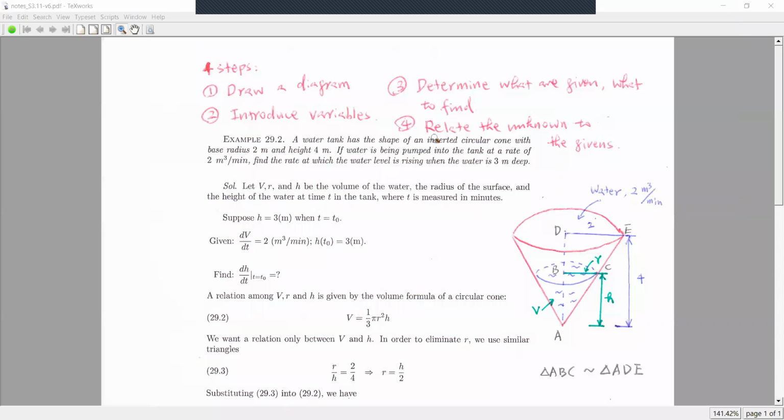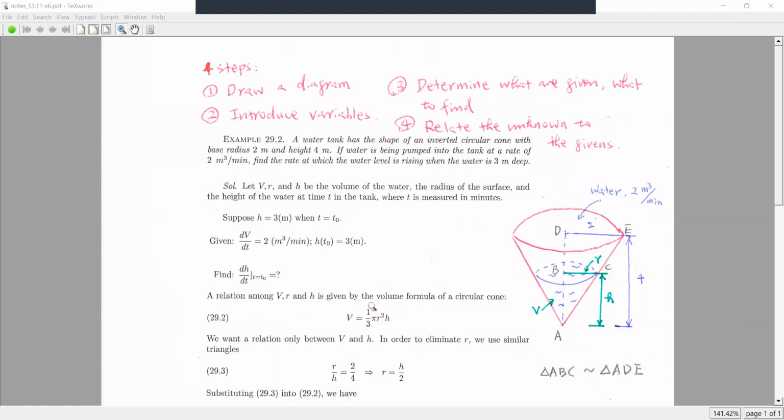Step 4. Relate the unknown to the givens. The unknown is dH/dt and the given is dV/dt. We want to find a relation between them. A relation among V, R, and H is given by this equation.